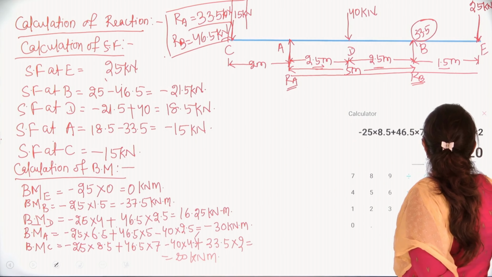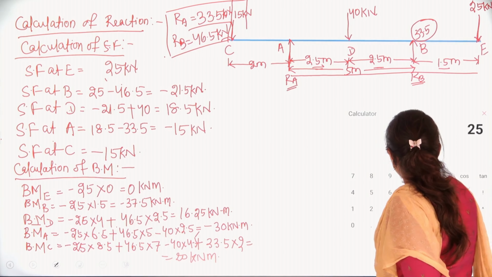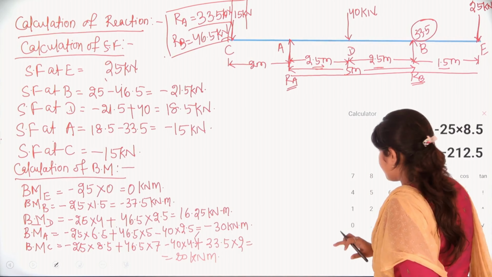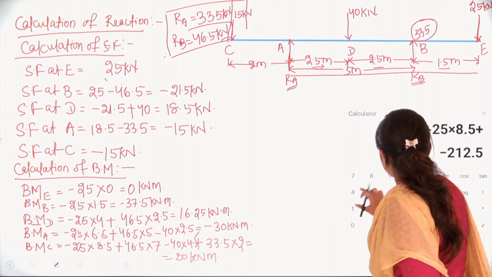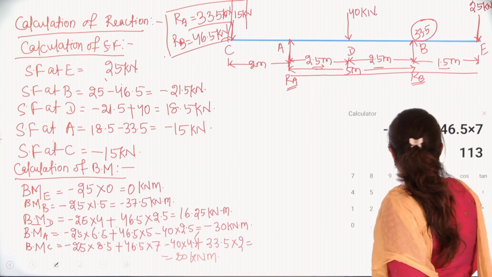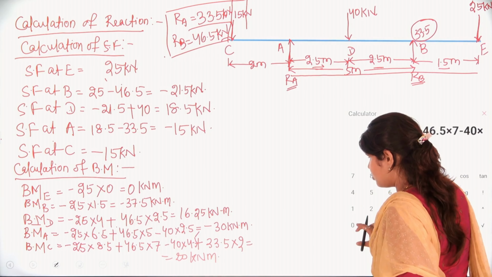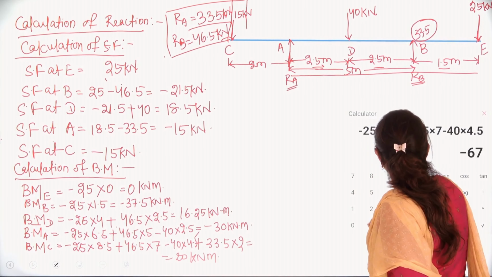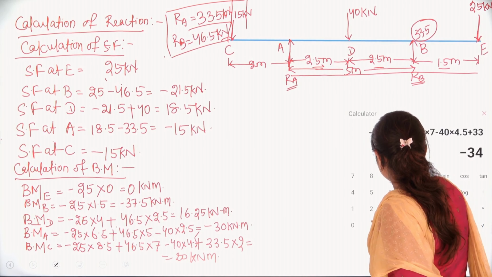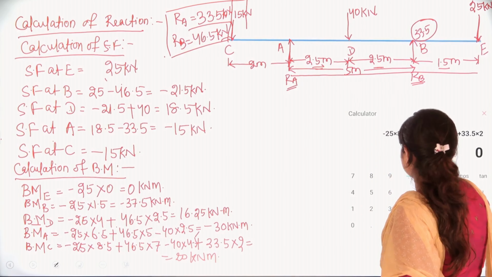So here, okay, again we will solve it like minus of 25 into 8.5 plus 46.5 will be multiplied with 7 minus 40 into 4.5 and plus 33.5 into 2 here.